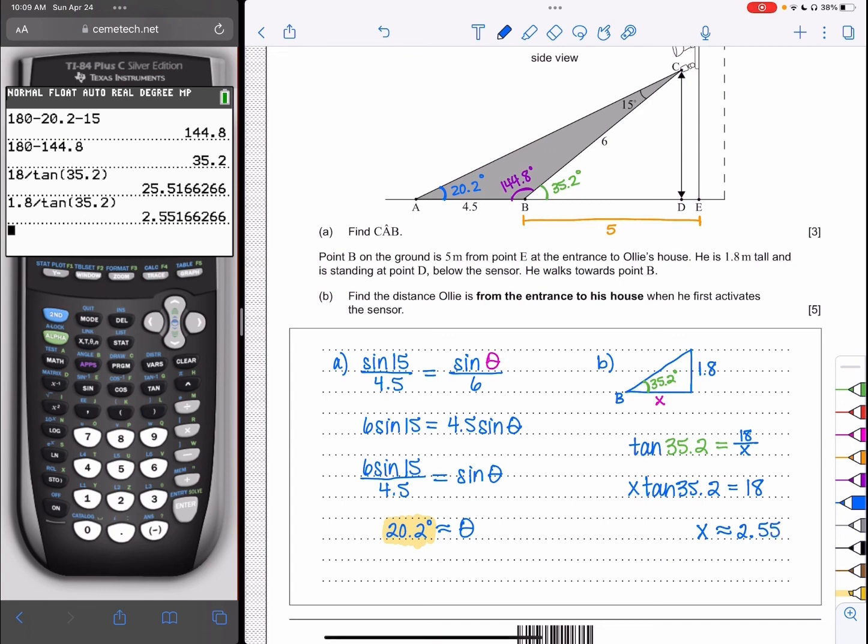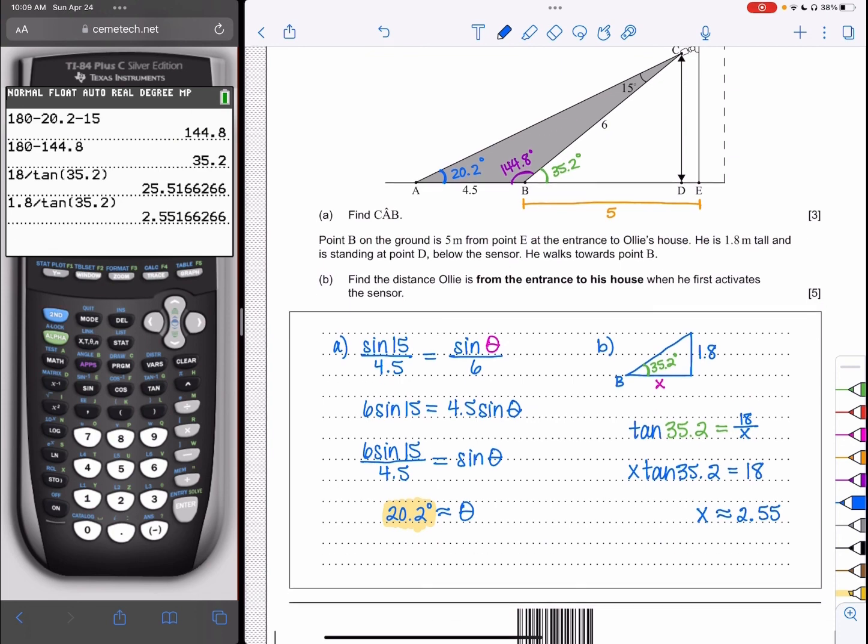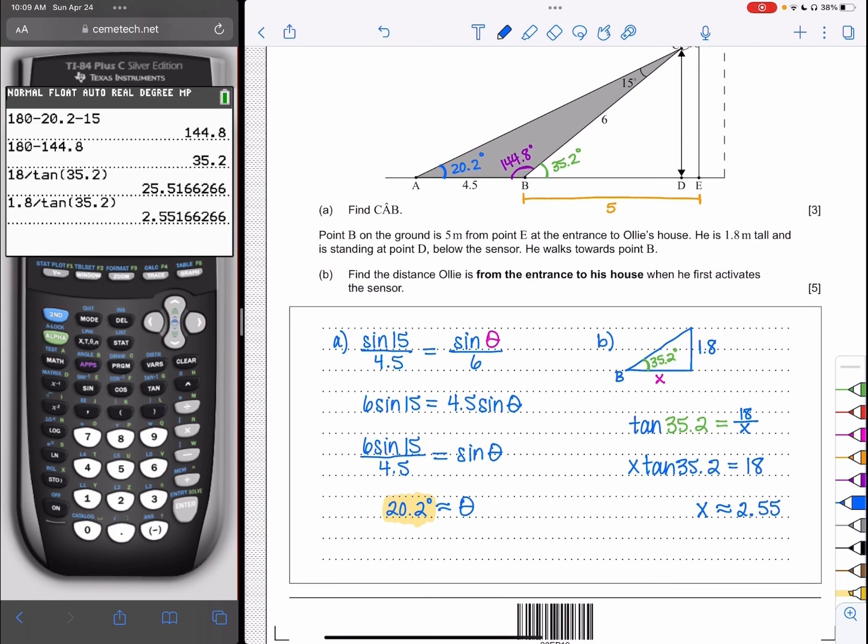But remember, they said that the distance from point B to the entrance E of his house is 5. So if I want to figure out how far he will be from his house, then I would need to see, and I'm going to draw where that 2.55 is.